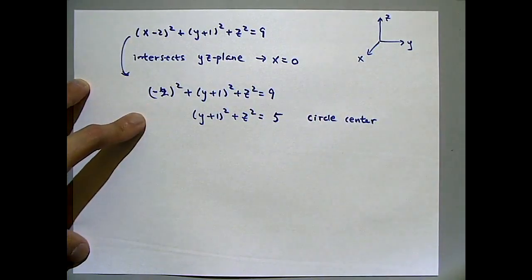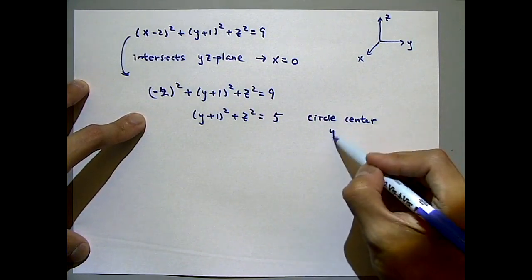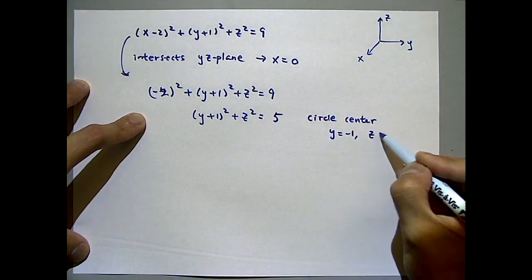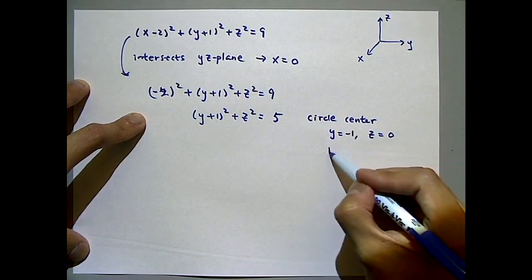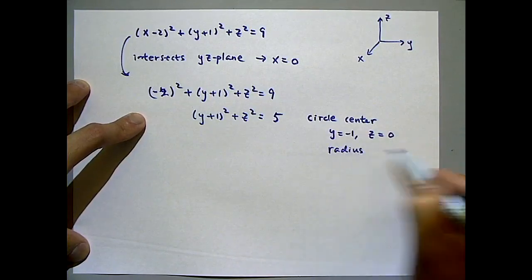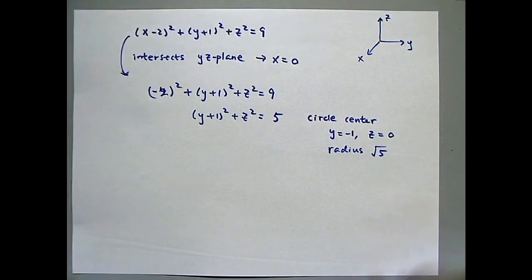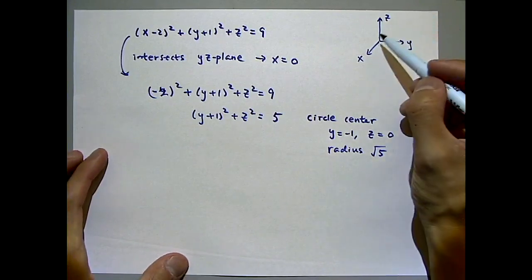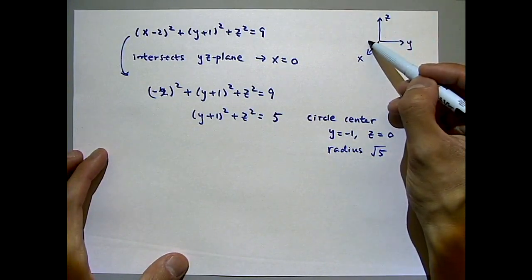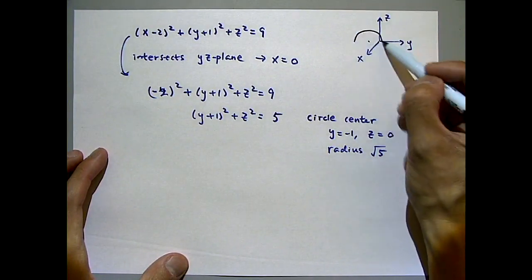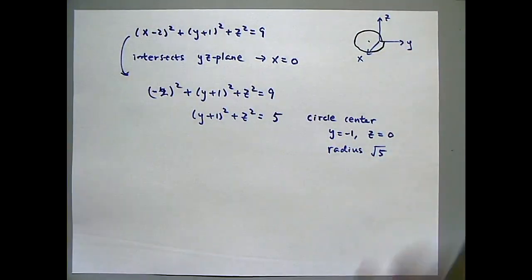And therefore, this is a circle with a center at y equal to minus 1, z equal to 0, with a radius equal to radical 5. So something like that, maybe. Okay, so that's the intersection of that sphere with the YZ plane.